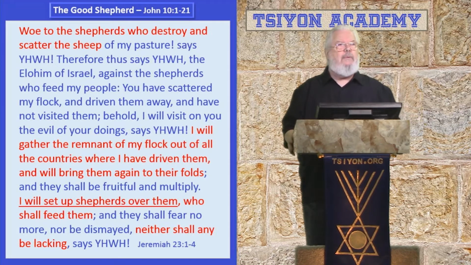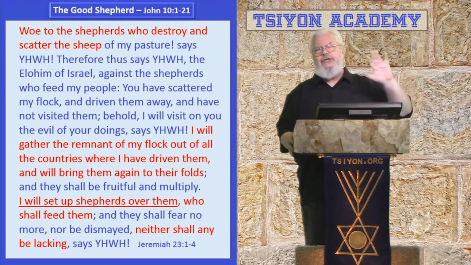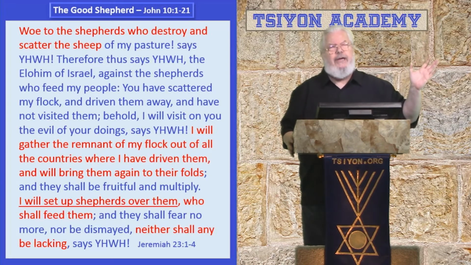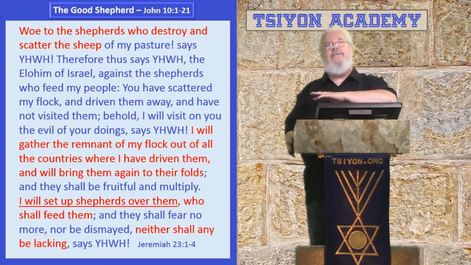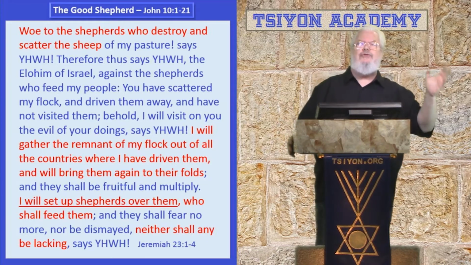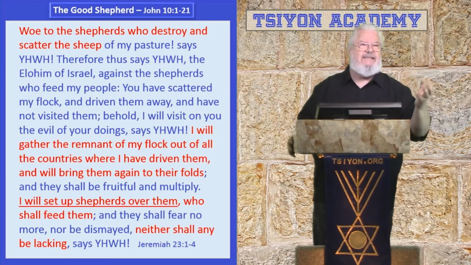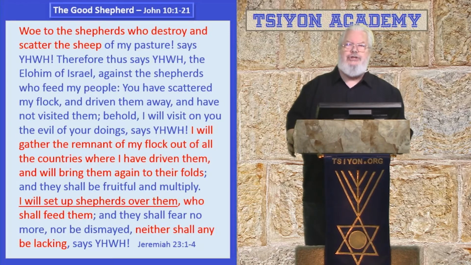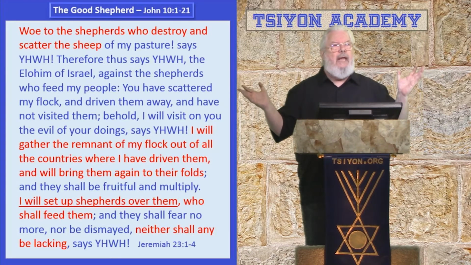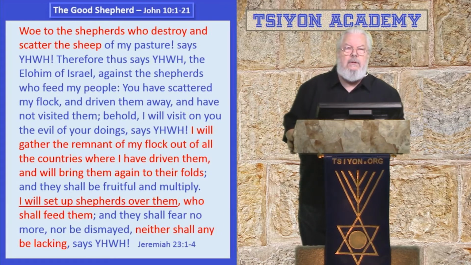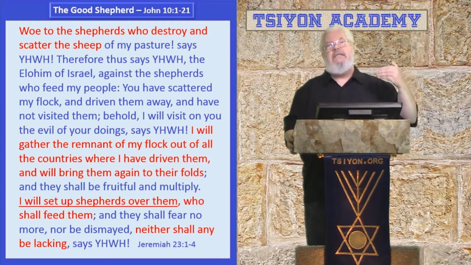So all of that nonsense that we all experienced in all of these different religious organizations, where we went for a time from one to another, to another, to another, trying to find a place where the sheep were being taken care of, only to be abused and scattered about, that is coming to an end for the remnant.